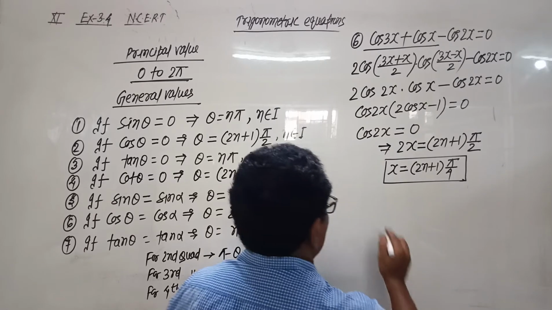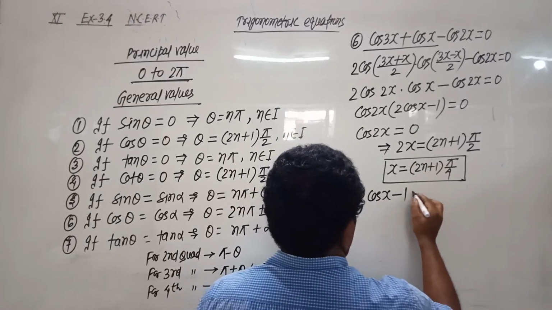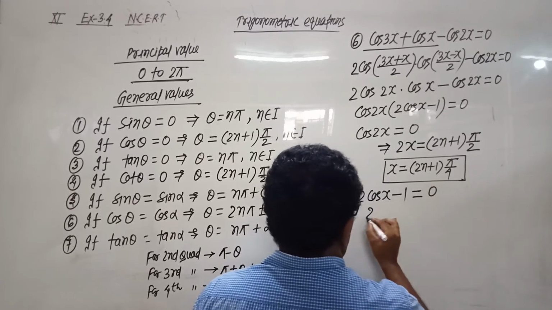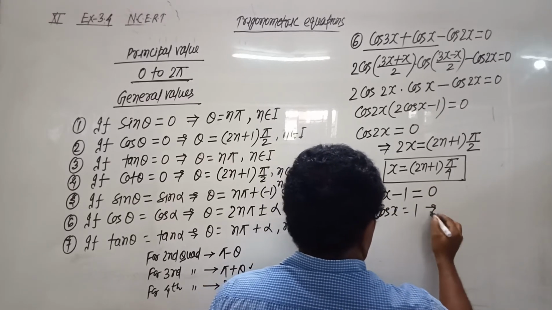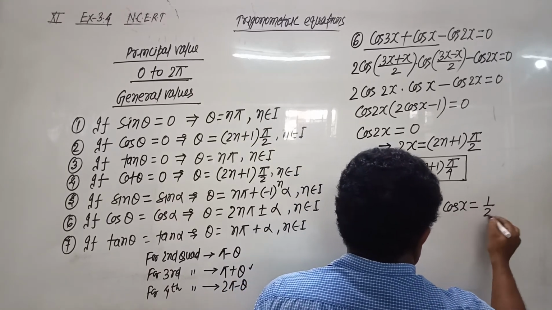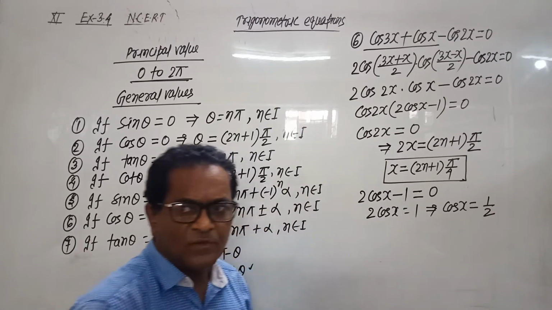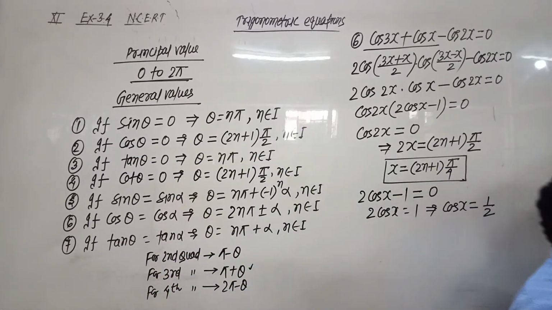Now when 2 cos x minus 1 equals to 0, we solve this. So 2 cos x equals to 1 and we get cos x equals to 1 by 2. Now the value 1 by 2 is positive, and cos x is positive in the first quadrant and in the fourth quadrant, and we take the nearest value.